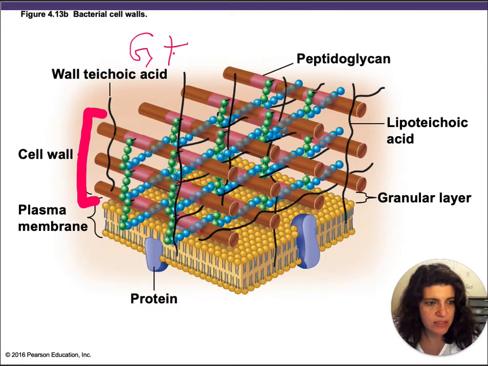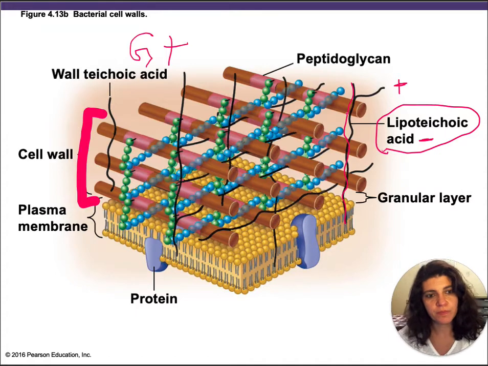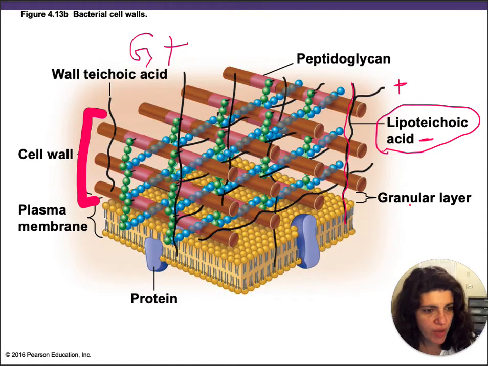Other than that, you see this here? These are lipoteichoic acids. These are negatively charged molecules, and that negative charge allows ions that have a positive charge to flow in and out of this membrane. So it just helps the flow of ions in this cell wall. What do you have here?